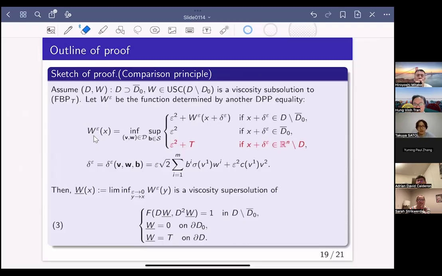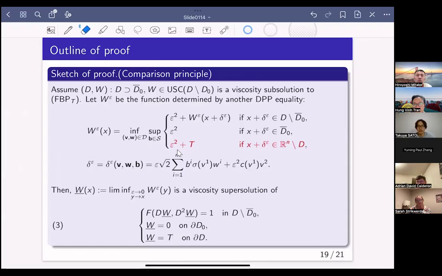At first we define W epsilon by using this new dynamic programming principle, which means player one can exit from the D0 side, but player one can also exit from the boundary of the D side.